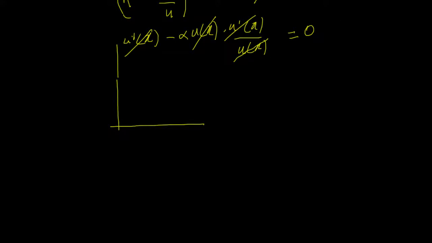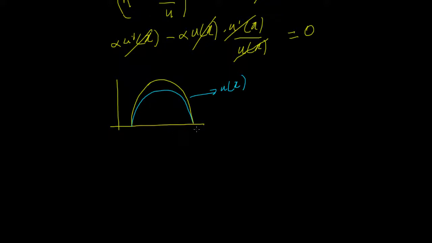If we draw our u of x, and eta of x is some constant lambda times u of x, so eta of x comes up like that, comes down like that, and lands at the same point, then if each of these points is just a constant multiple of the other, this value would equal 0.